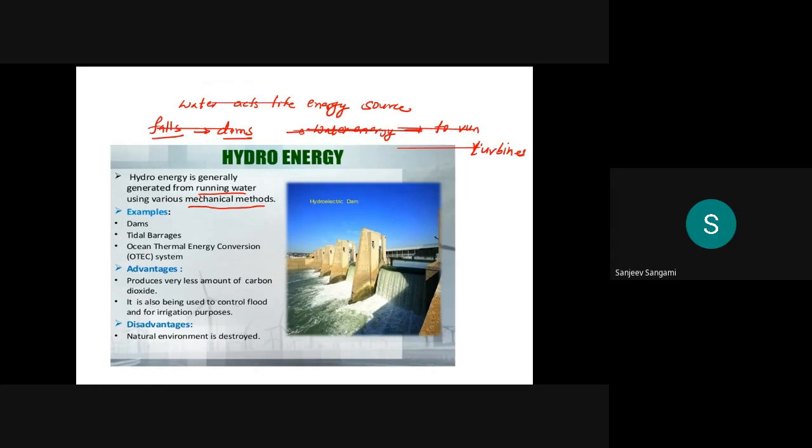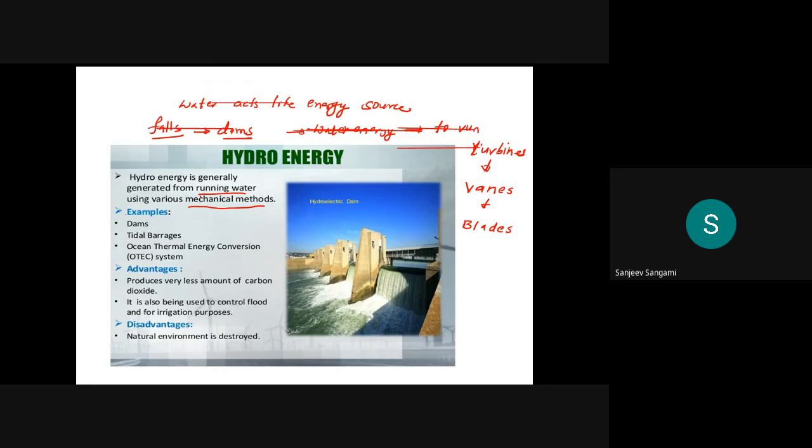Once the turbines are running, the turbines consist of vanes or blades, which act like a runner.